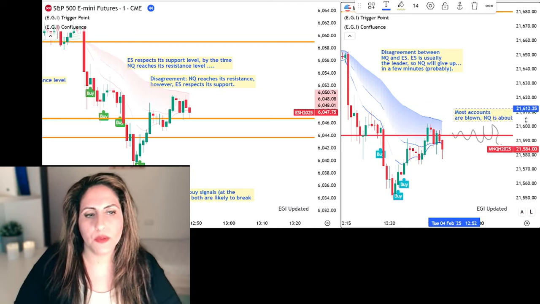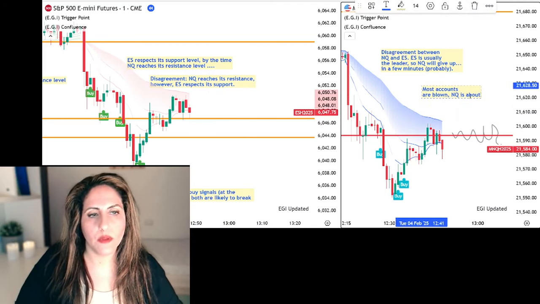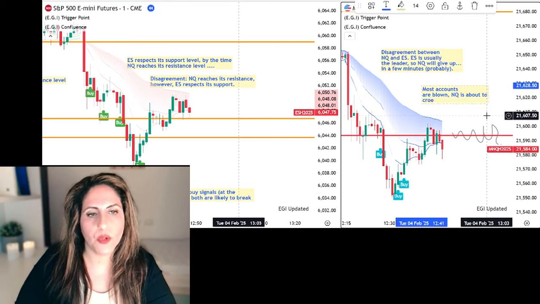NQ is about to cross its resistance level many times as a result of the disagreement with ES.